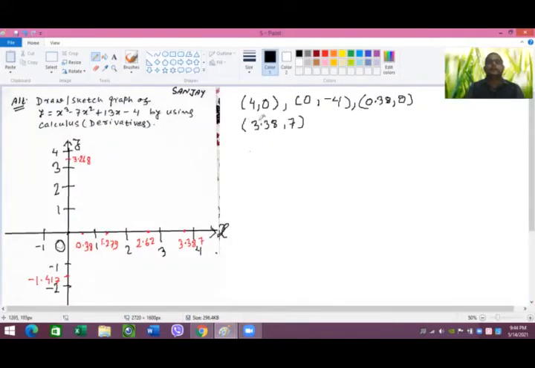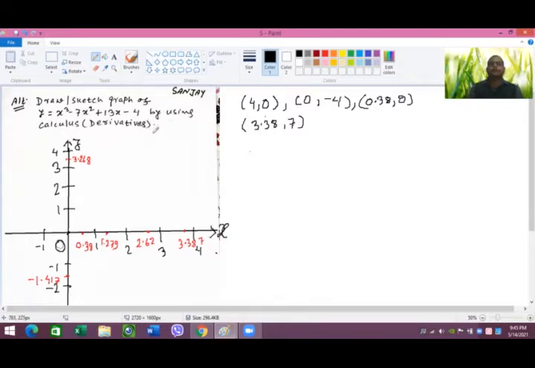Okay, guys, just gather these points that we have used just now while sketching the graph of this function. But in this case, one extra convenient thing is that we are going to apply calculus in order to find the maximum and minimum value, or maximum and minimum point, in the curve of this function.